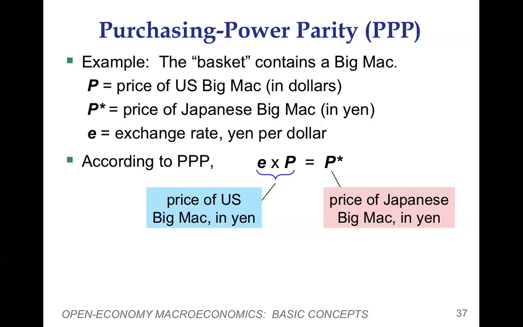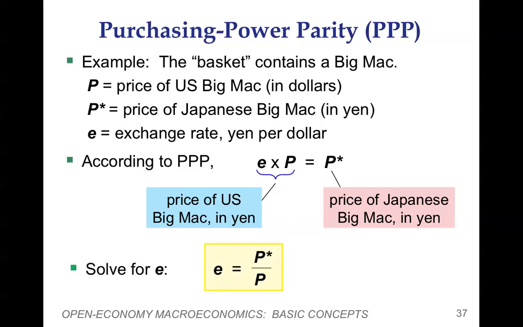So if the two items can be costlessly transported, the price of the US Big Mac times the exchange rate is going to be equal to the price of the Japanese Big Mac. So let's see if they give an example here.